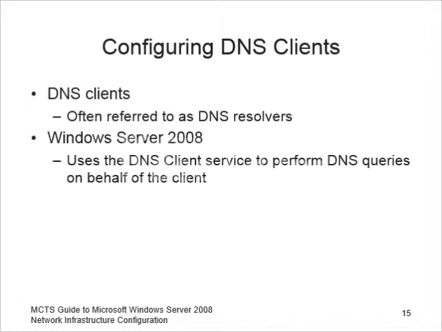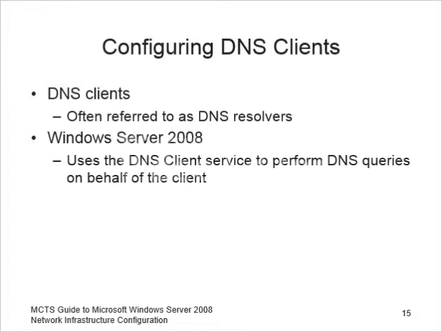For a client to resolve DNS queries, it needs to know which server to contact. That's where the preferred and alternate DNS servers come in. Your Windows DNS client can be set to use one or more DNS servers for name resolution. The first DNS server in the list is what we call the preferred DNS server. It is the first DNS server your client attempts to query.